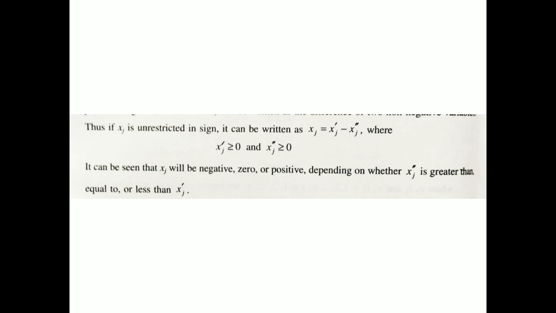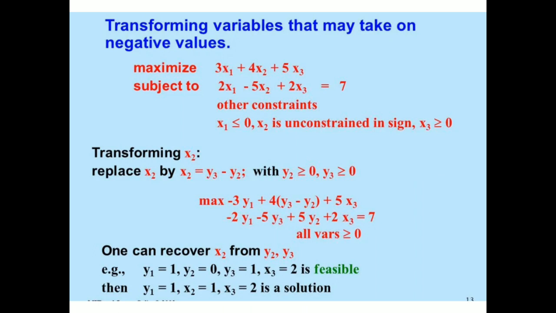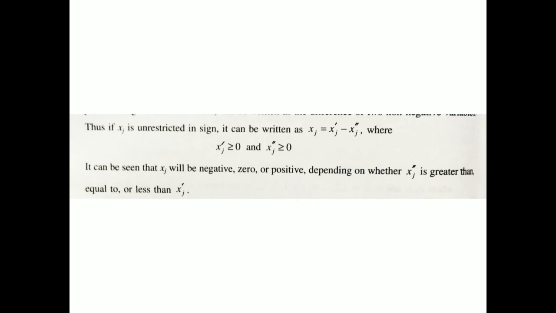So if the decision variable is negative, we will make xj equal to xj dash minus xj double dash, where both are greater than or equal to 0, and xj double dash will be greater than xj dash.